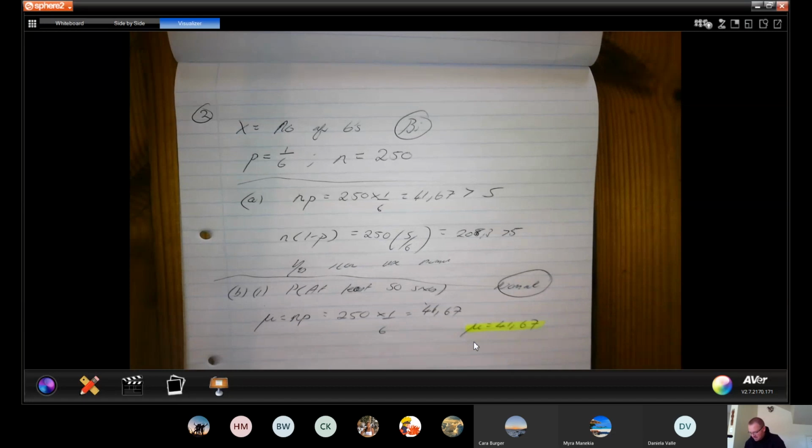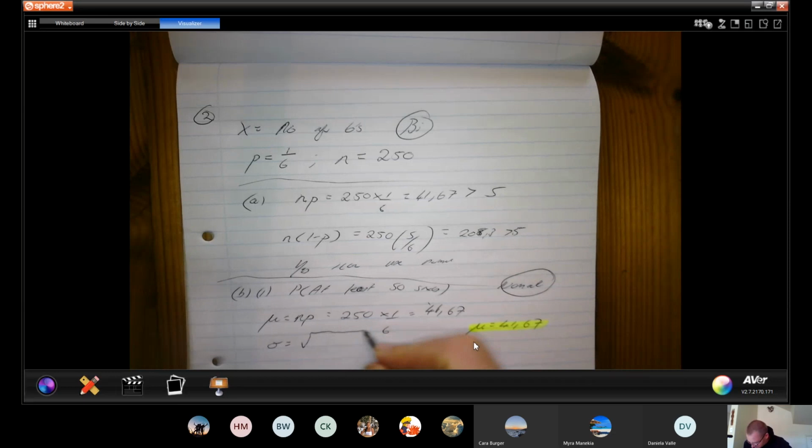And then we need to find our standard deviation. I have to check the formula, I can't remember where this is given.